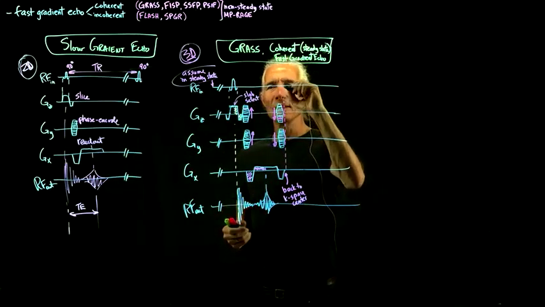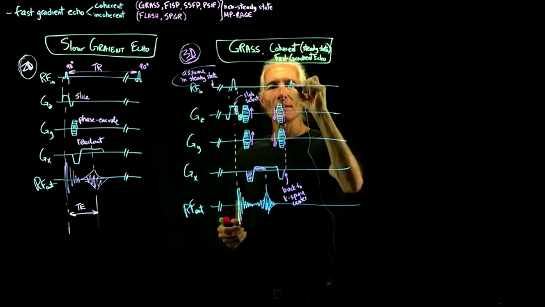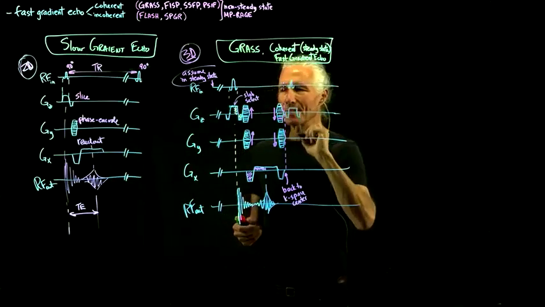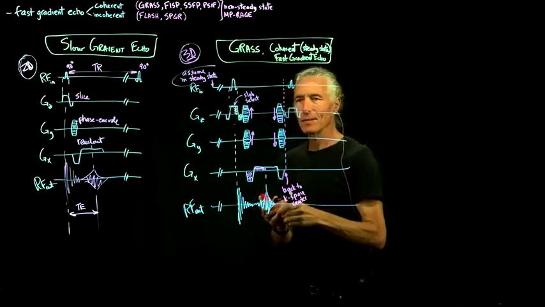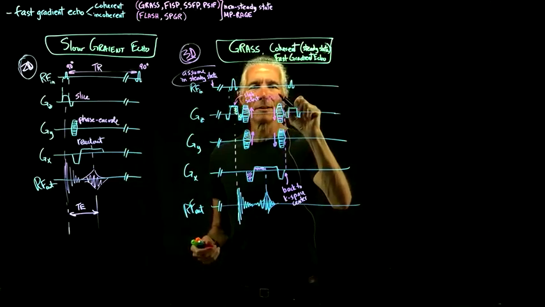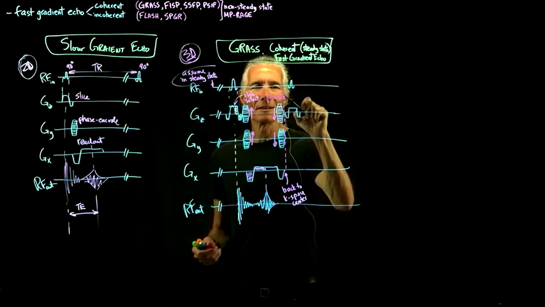So we could do another RF pulse, and that would be like a little prefixer, and then that's a slice select one. So that's slab select, and this is also what we call the partition direction.